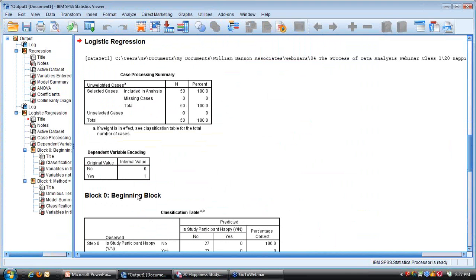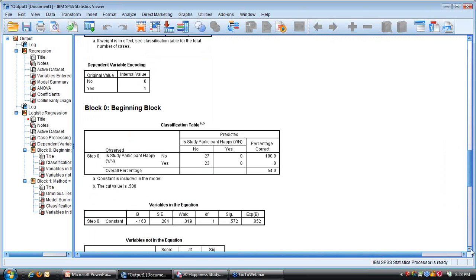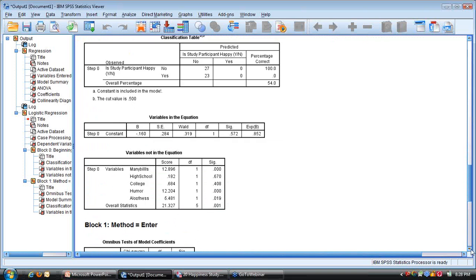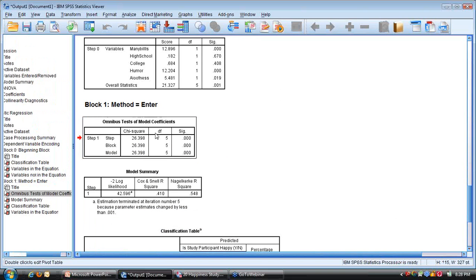Right, so two boxes of supreme interest in this printout. So we have the case processing summary. It says how many cases are included, right? Now what we really want to look at first is that omnibus test. So go down a little. There it is. The omnibus test of model coefficients, because where it says model and sig, that's the significance level of the model.